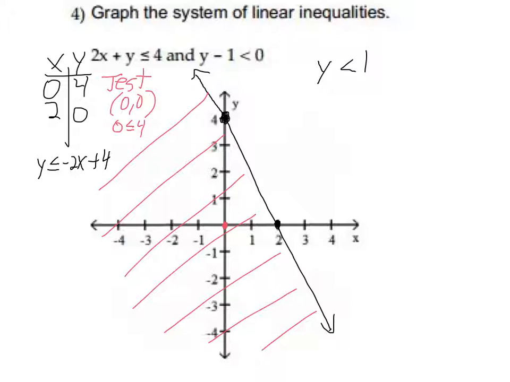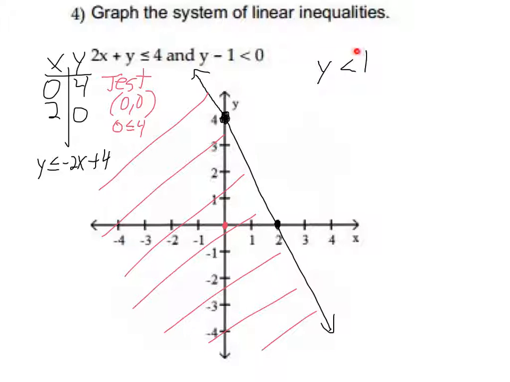In this case, since it only has a y, it can only cross the y-axis. So the line that crosses the y-axis at 1 is a horizontal line. Every point along this line will have y equals 1. And that's the only thing we really know about the equation form of this inequality, y equals 1. So it's the line that crosses through 1 on the y-axis, horizontal.